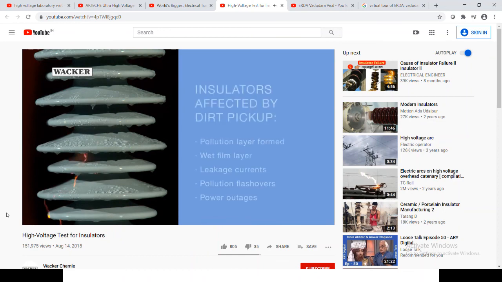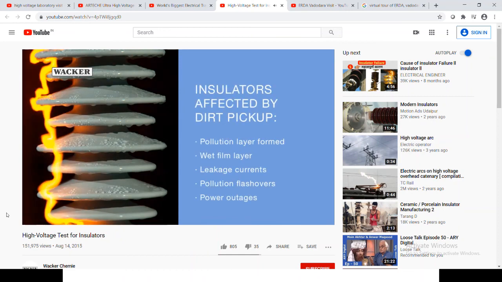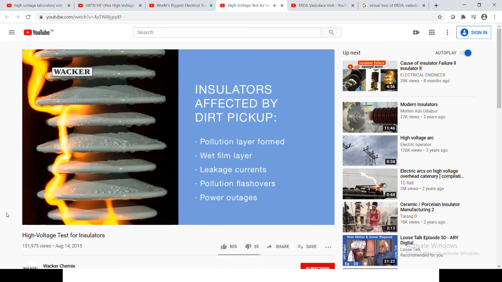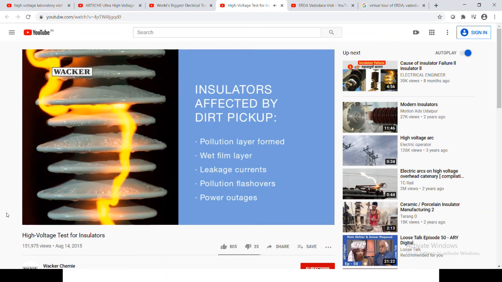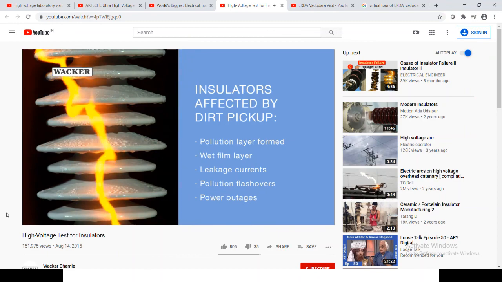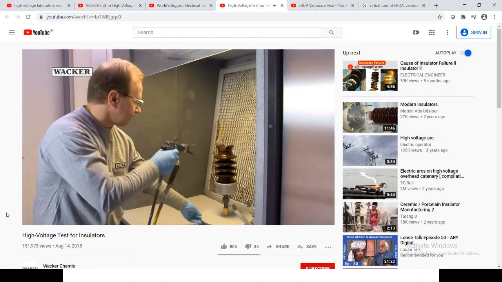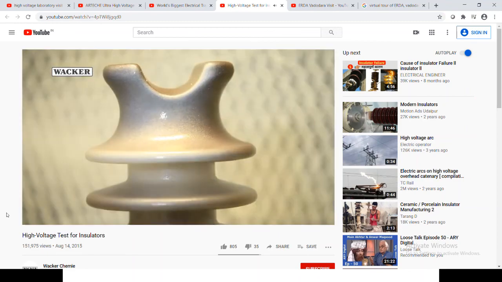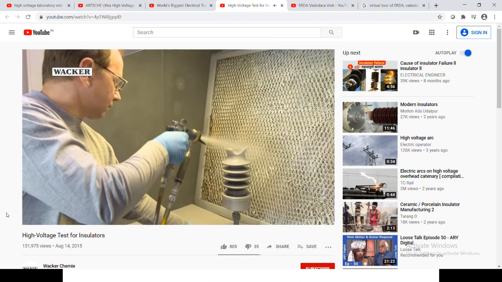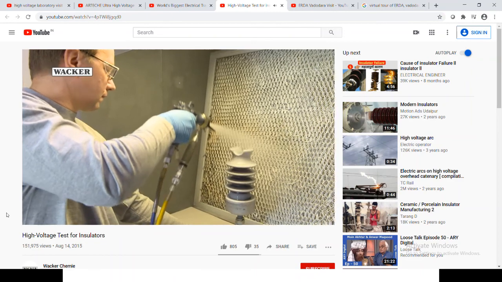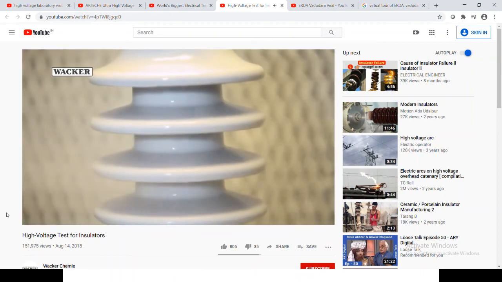Such pollution layers can give rise to leakage currents and thus losses. In the worst-case scenario, they result in flashovers and power outages. Wacker's PowerSil insulator coating can be applied to both existing insulators and new ones yet to be installed. It reduces the risk of pollution flashovers, which increases reliability and efficiency.